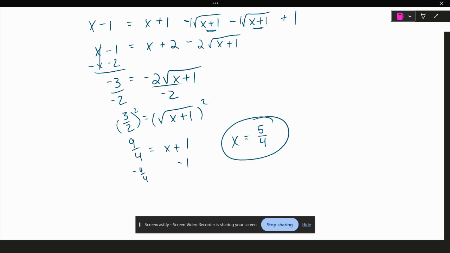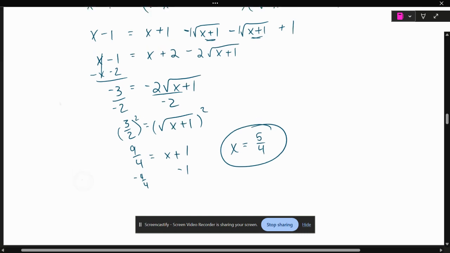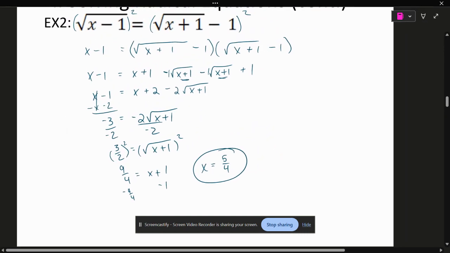5/4 is a little nicer number to work with if you're checking your answer. It does end up working out. If you plug it into the original, 5/4 minus 1 is 1/4, and the square root of 1/4 is 1/2. 5/4 plus 1 is 9/4, which the square root of 9/4 is 3/2, minus 1, which is also 1/2.